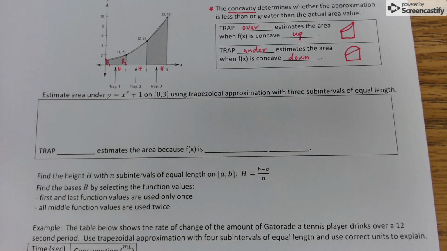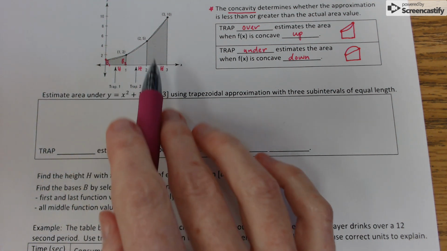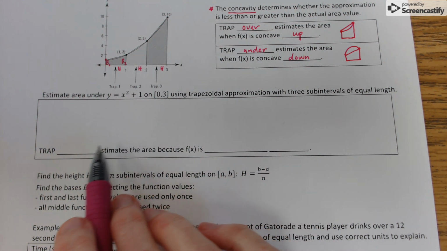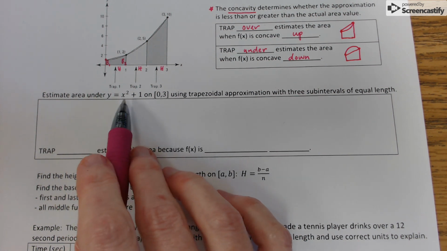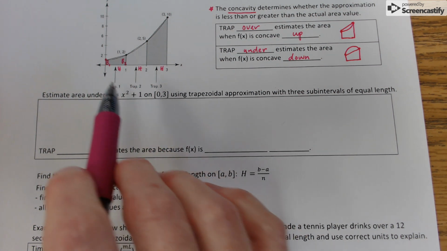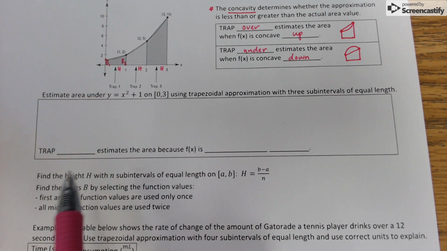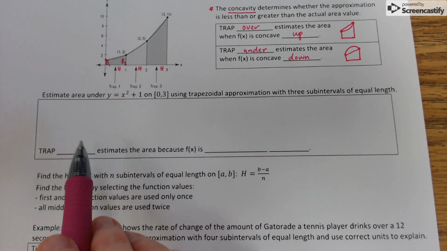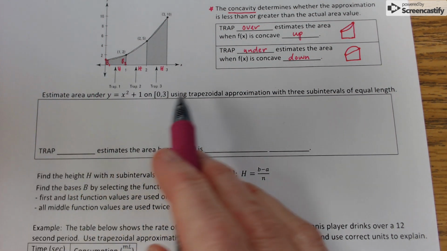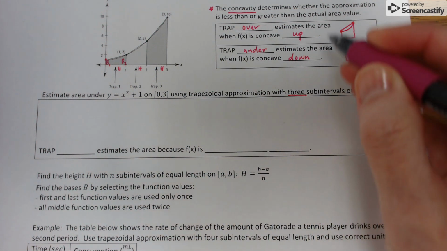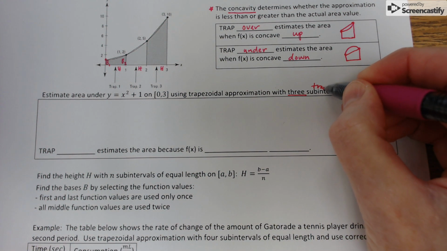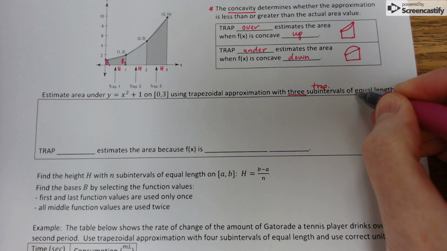Just like when we saw rectangular approximation for the first time, I think it's important to have a visual to relate your first example to, so you can think about what's going on. This actually is the same function we used in our last lesson. It's x squared plus 1, that parabola, and we have an interval from 0 to 3. We're going to estimate the area using trapezoidal with 3 subintervals, so they're telling us to use 3 trapezoids of equal length.